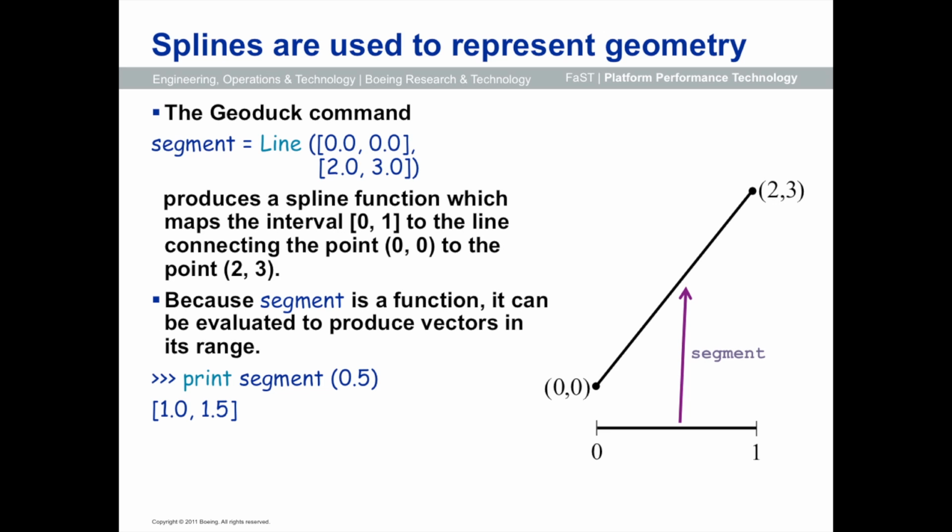And like all the CAD systems out there and any number of other systems, splines can be used to represent geometry. So for example, if we want to represent a 2D line segment in GUIDuck, we can do it with the, okay, I've left something really important out. The scripting language.